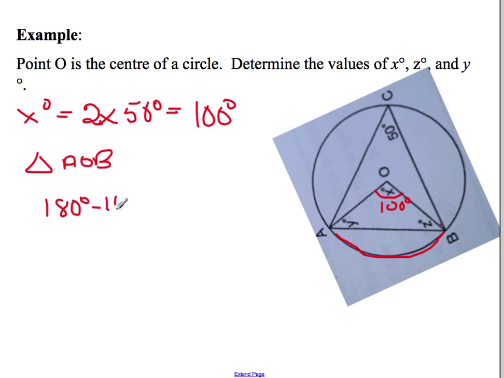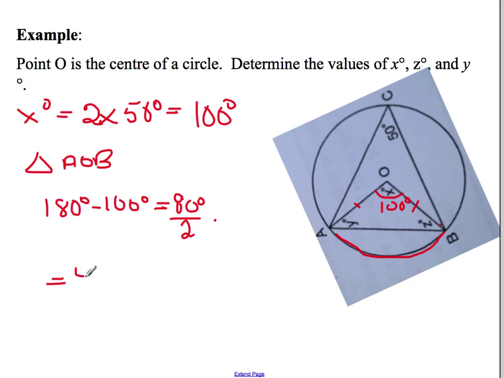I already know one of them is 100. So the other two have to add up to 80. So these two right here have to add up to 80. And I know, because of ITT, the isosceles triangle theorem, that I have to divide it by 2 because those two base angles are equal.